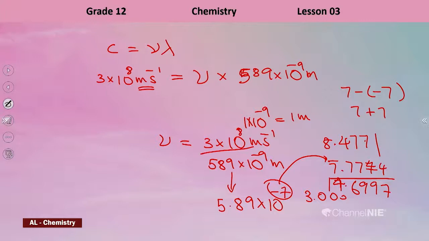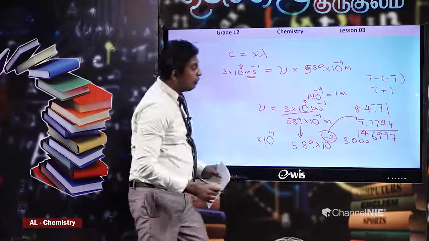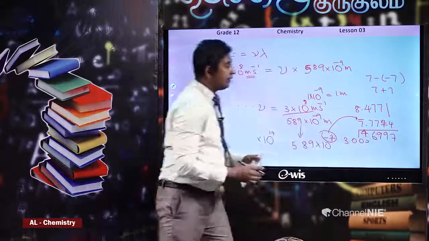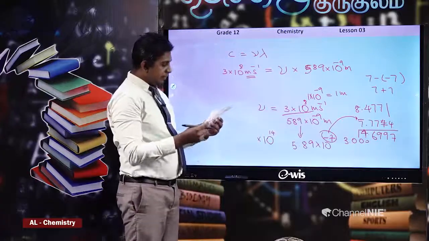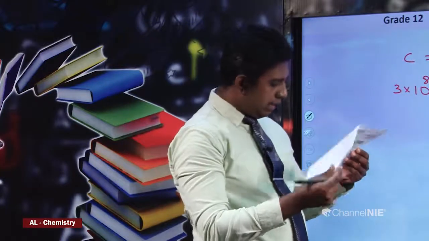Okay. Then you need to write the antilog of that. When you write antilog, the value before the decimal point, you need to raise to the 10th power, saying it's 10 to the power plus 14. Then students, you find the antilog of this. It's 6997, so 6997 is there.